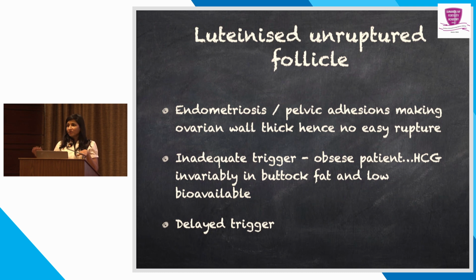Because of that, the LH surge, which is controlled by this GnSAF factor, is not controlled in these patients, and that is why there is faster recruitment. Now, if you are not giving trigger at 16 or 17 millimeter in this patient, her innate LH surge is going to happen, but that is inadequate for ovulation of that follicle. So the follicle just gets luteinized but doesn't ovulate. Typically in this patient, we say there is luteinized unruptured follicle.